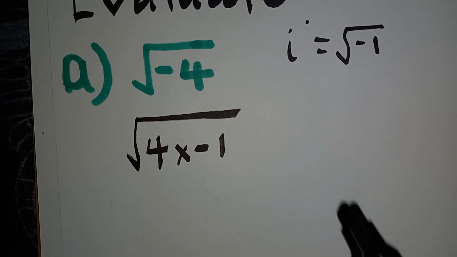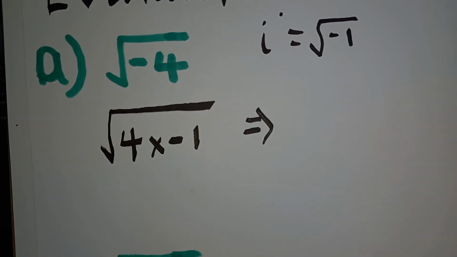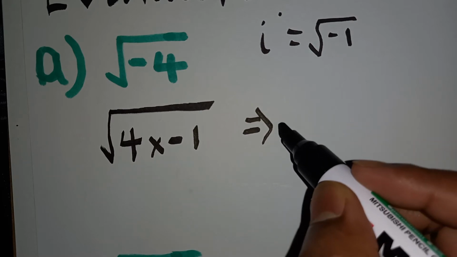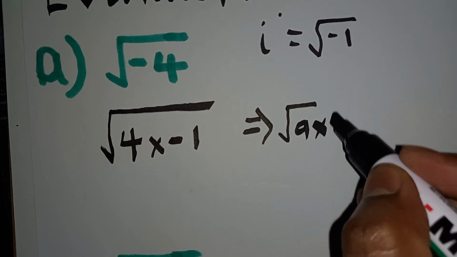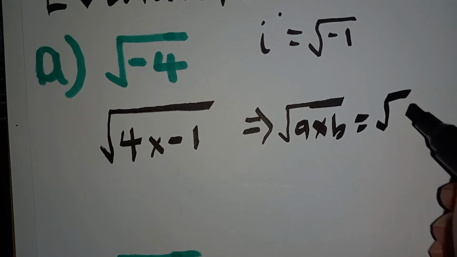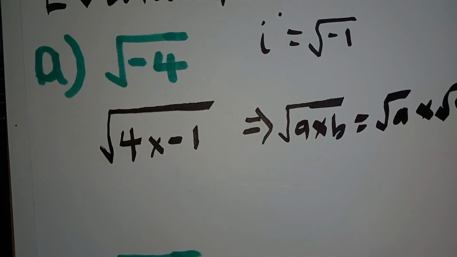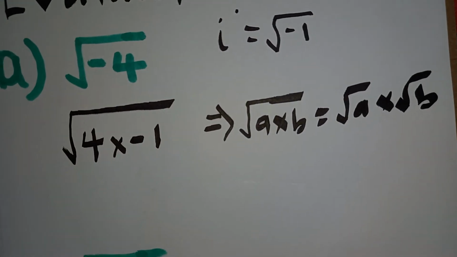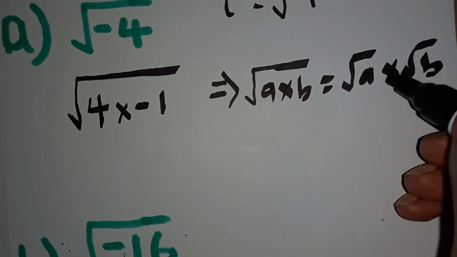Now from here we are going to use some laws of surds, right? Laws of surds says when we have a square root of a times b, this can be written as single roots, root of a times root of b. So we are going to apply this rule.